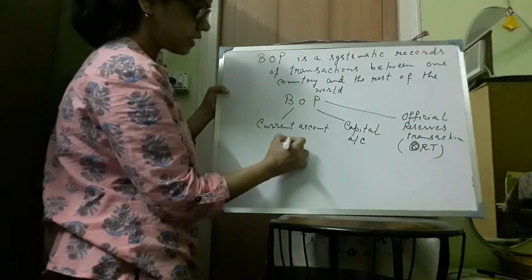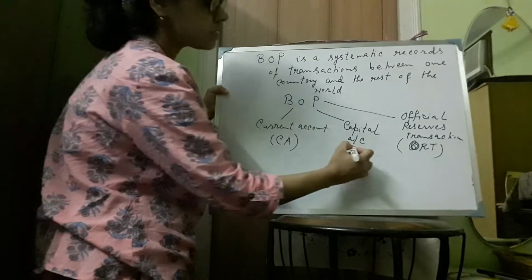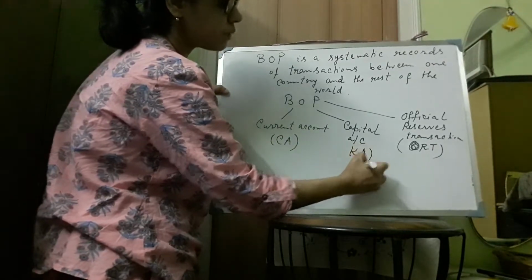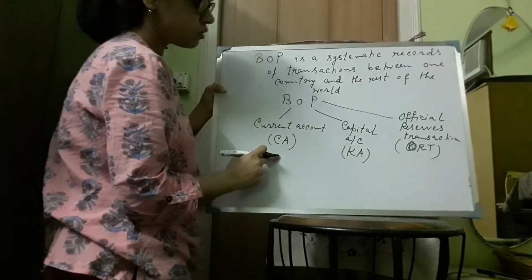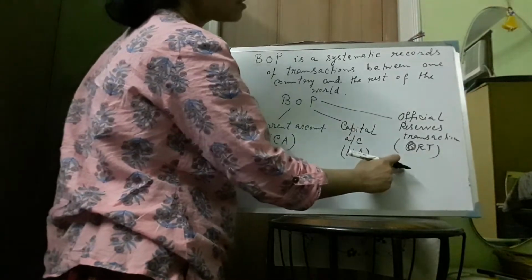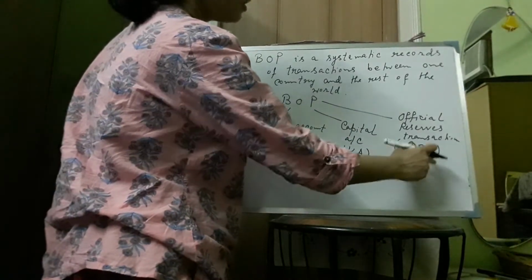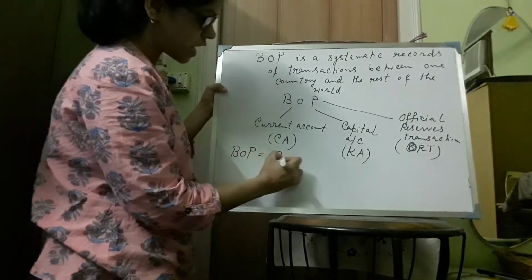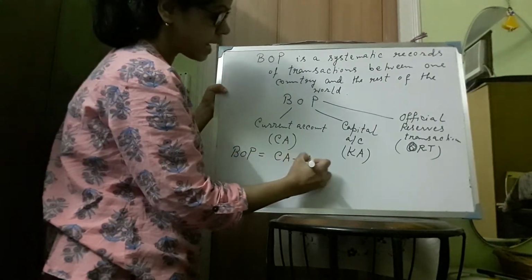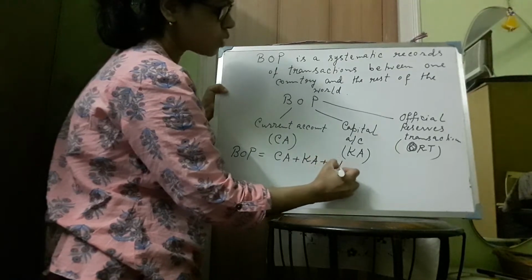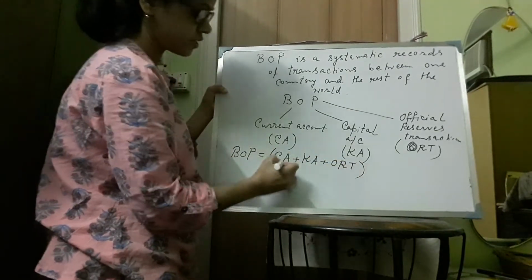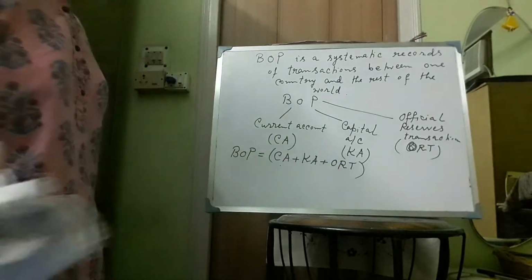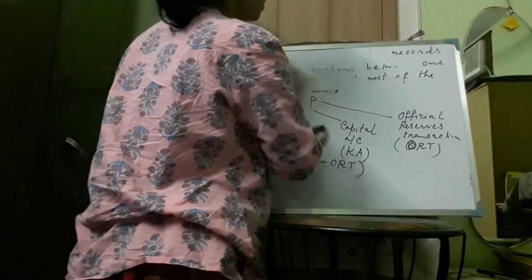Capital account is denoted by KA, current account is denoted by CA, and official reserve transaction is denoted by ORT. So total balance of payment of a country is the sum of current account, capital account, and ORT.